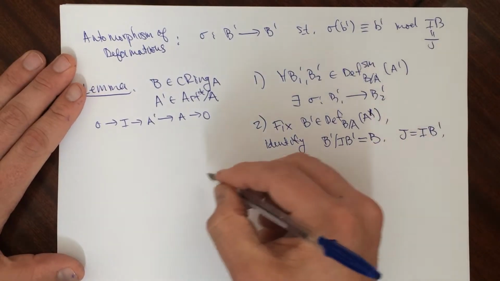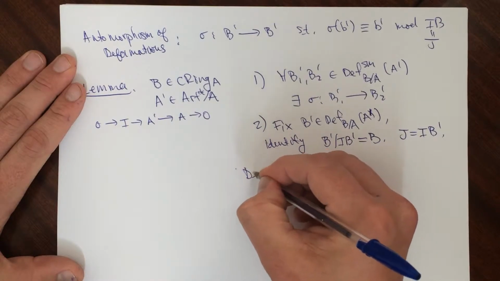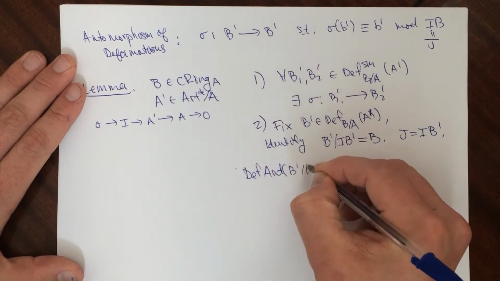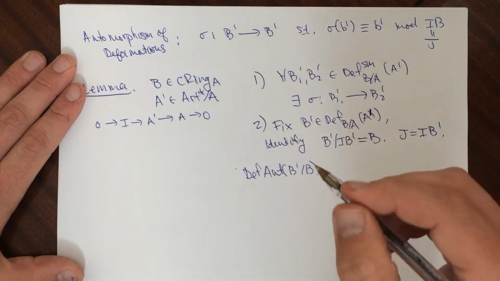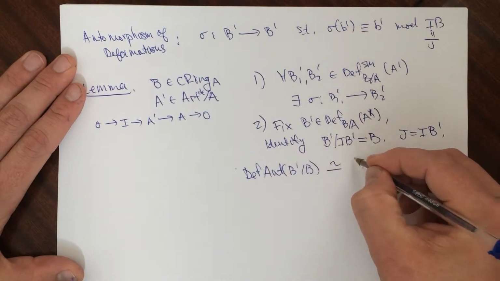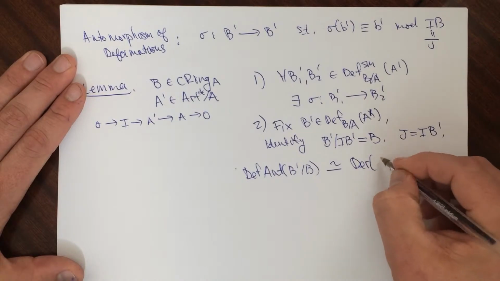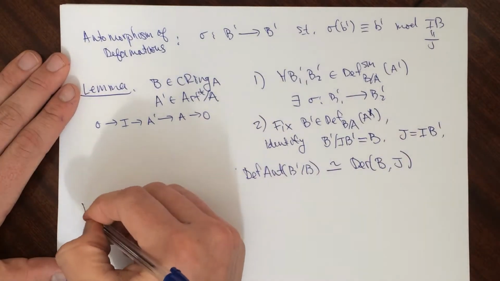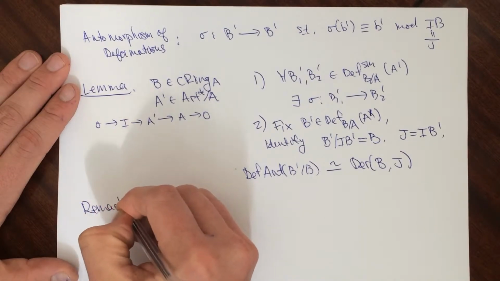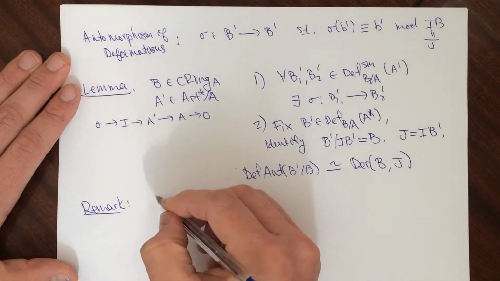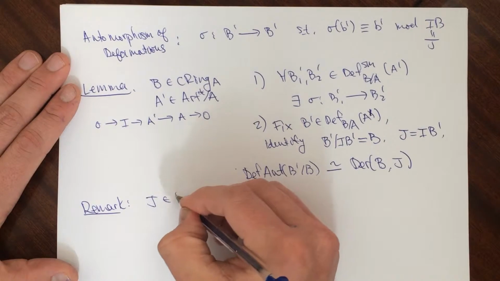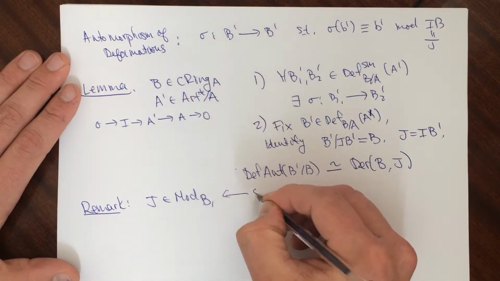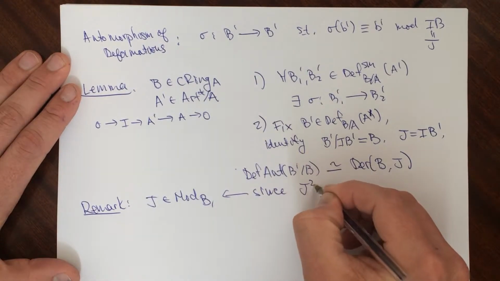Then the deformation automorphisms of B prime with respect to B is just going to be equal to the derivations from B to J. There's a small remark to make this make sense, which is that J is a B module, and this follows from the fact that J squared is equal to 0.